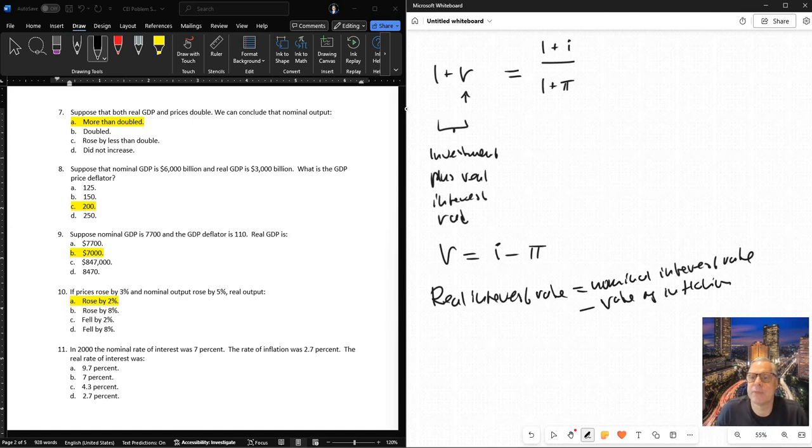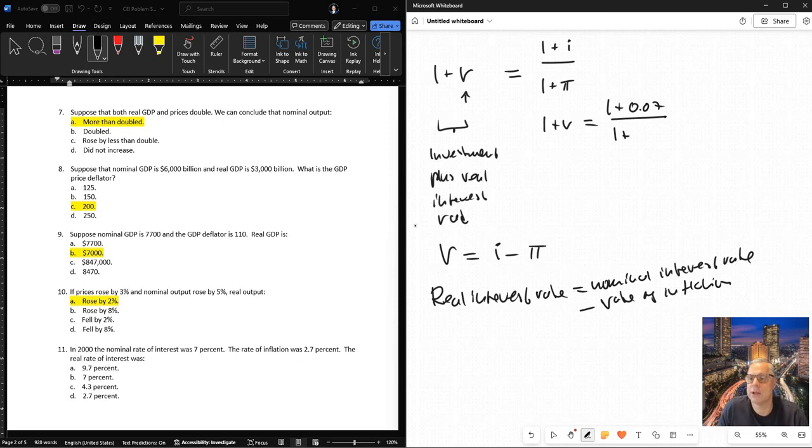Technically, if we solve it mathematically, the mathematically correct answer would be 1 plus R equals 1 plus the nominal interest rate, which was 7%, so 0.07. That is the stock of your investment with the nominal interest, divided by the price index, which is 1 plus the rate of inflation.